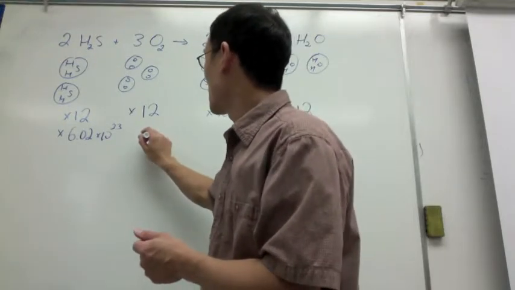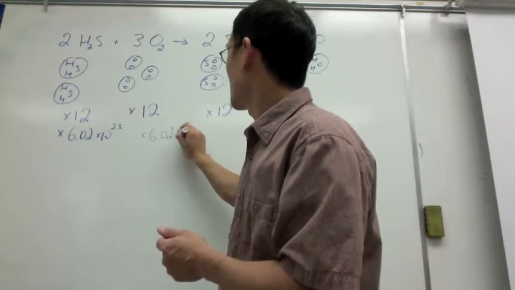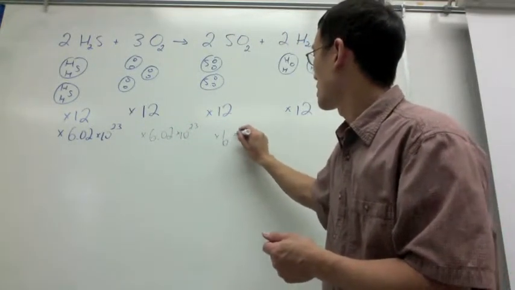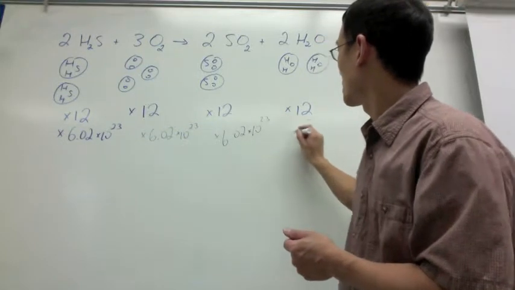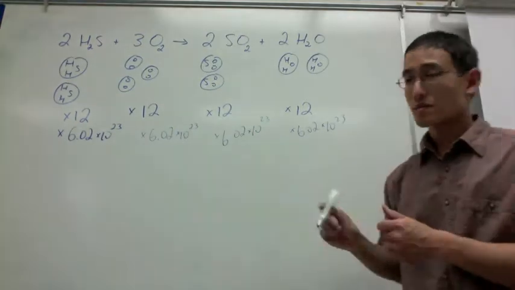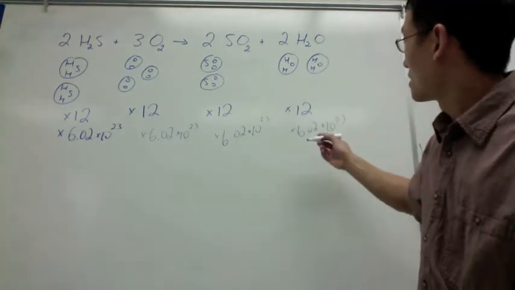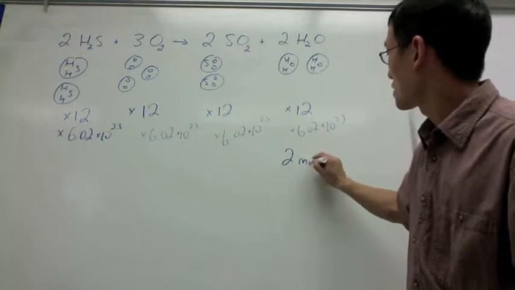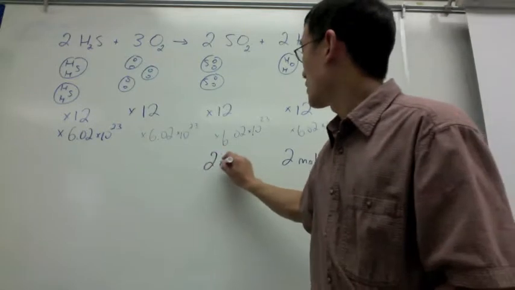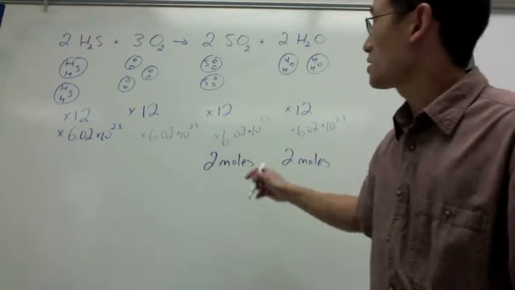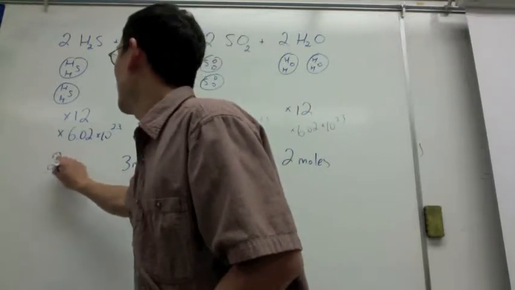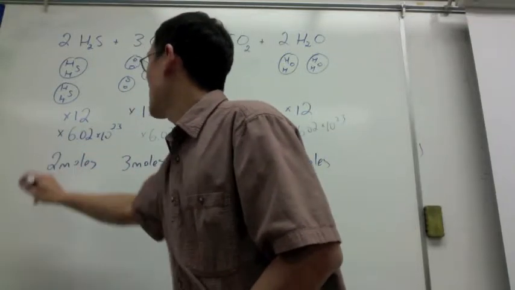I do the same thing here. And you can see that now I would have 2 moles of these, 3 moles of these, and 2 moles of these.